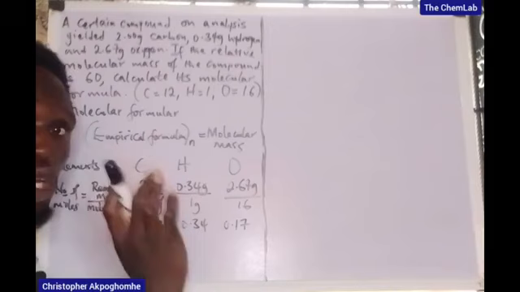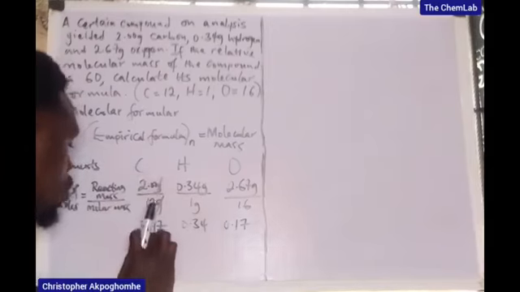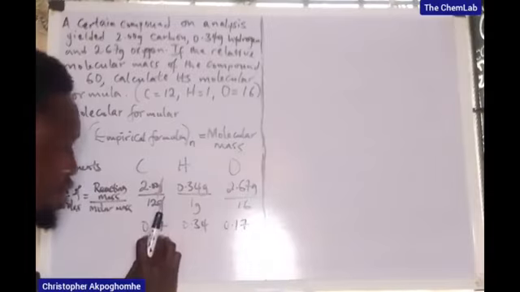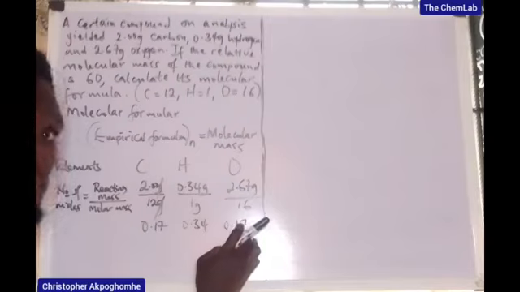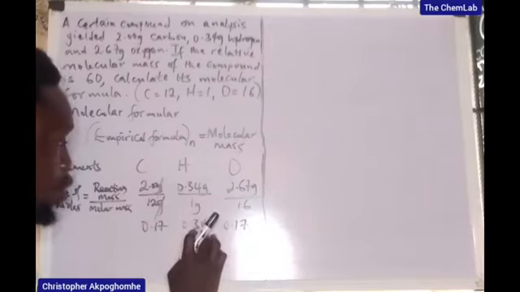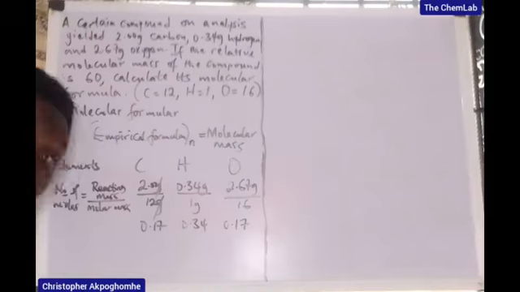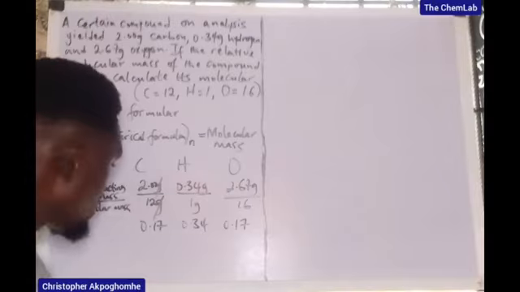Having obtained the number of moles, we will divide each of them by the lowest. The lowest among these three is 0.17. So, we'll divide 0.17 by 0.17, 0.34 by 0.17, and 0.17 by 0.17. We are looking for the number of moles of each element.